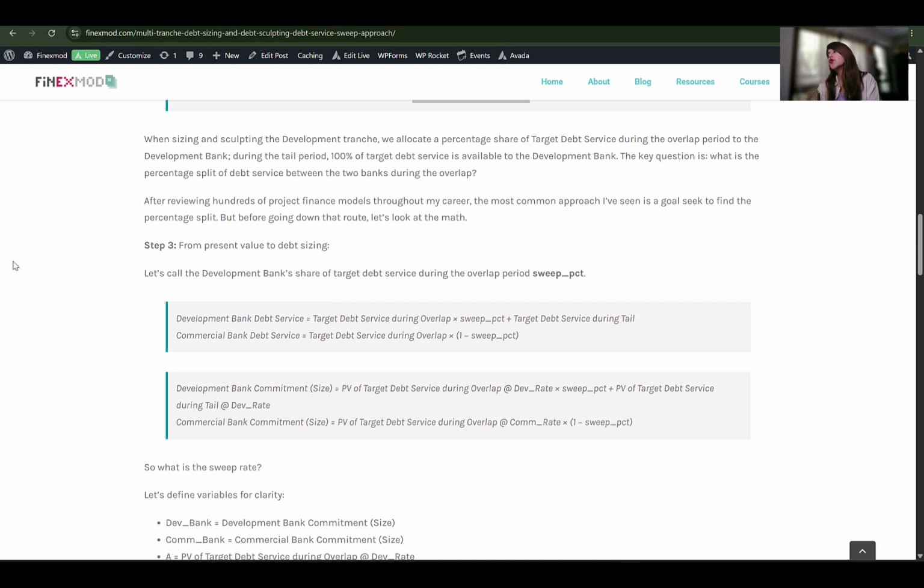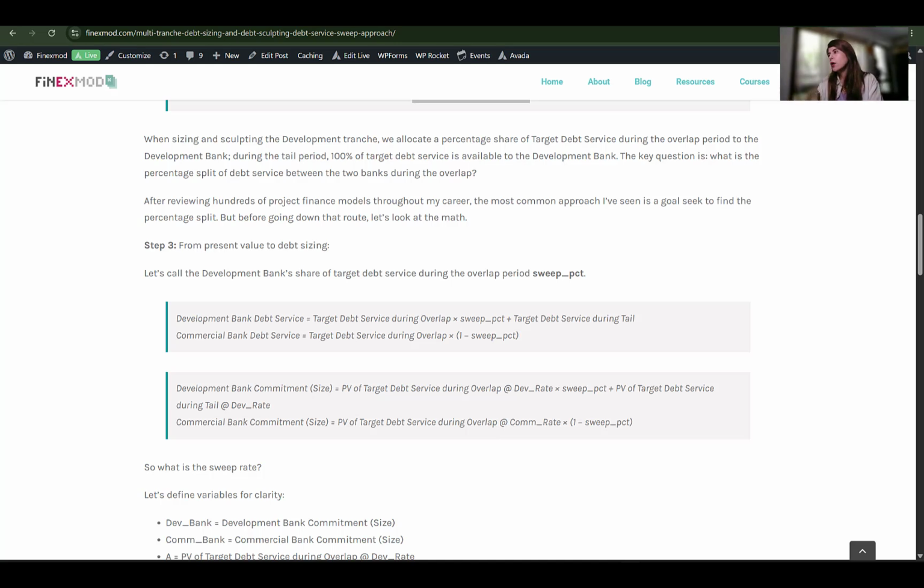So during the overlap period, the Development Bank receives a sweep percentage of target debt service and the commercial bank will get the residual. And during the tail, 100% of the target debt service is available for the repayment of the Development Bank.